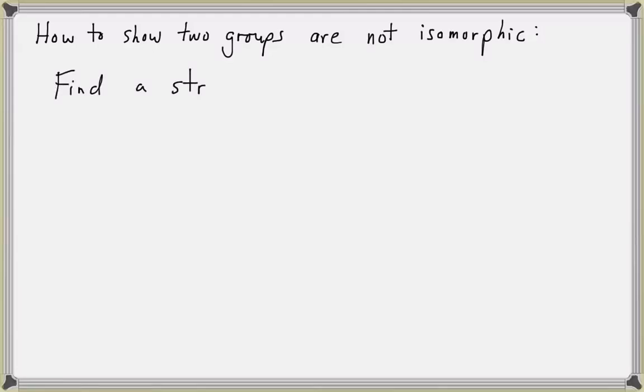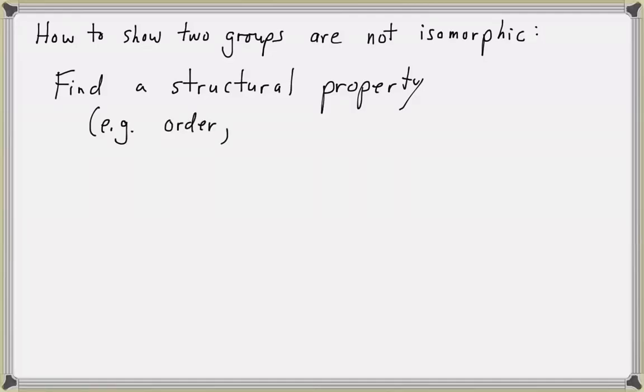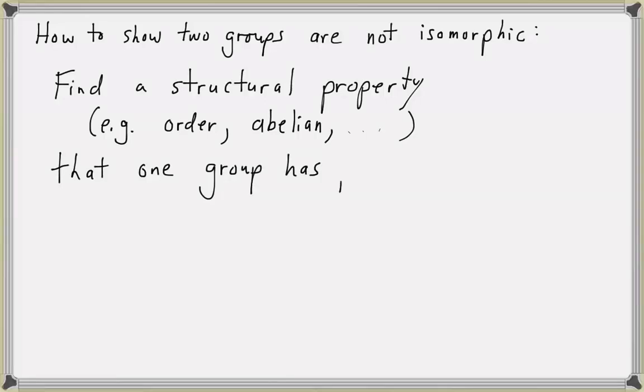So let's find a structural property, so for example, the order, the commutativity, so whether a group is abelian or not, etc. Find one of these structural properties that one group has but the other group doesn't have.